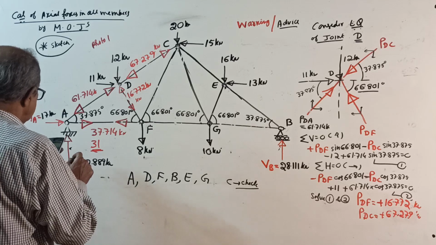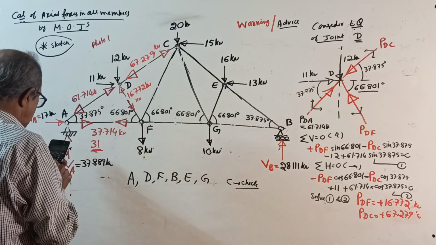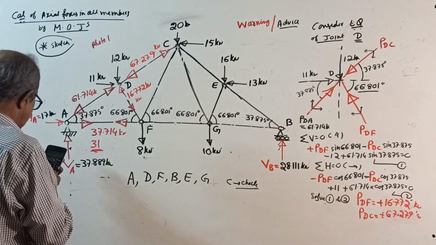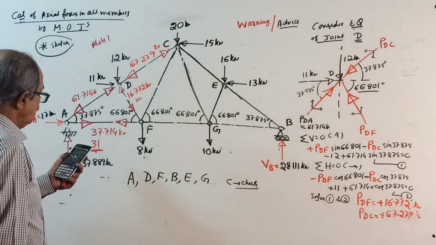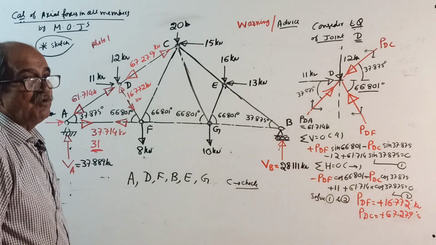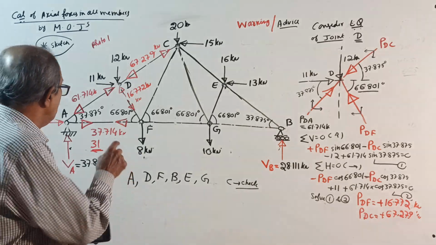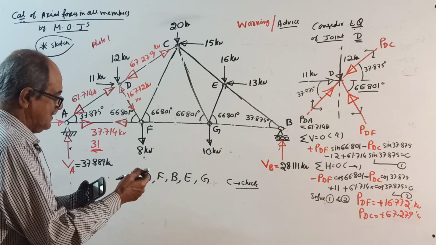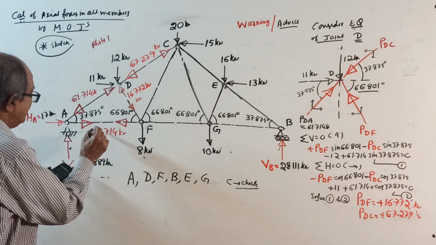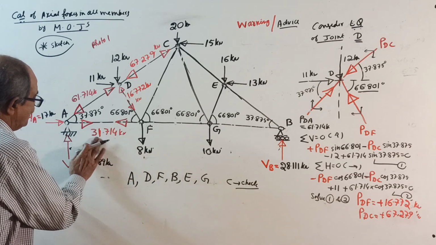I wrote 61.714, correct, then into cos of 37.875 minus 17. In the light it looked like 37.714 to me. Actually 714 is correct. It is not 37, it is 31. Light problem. Make a note, small.